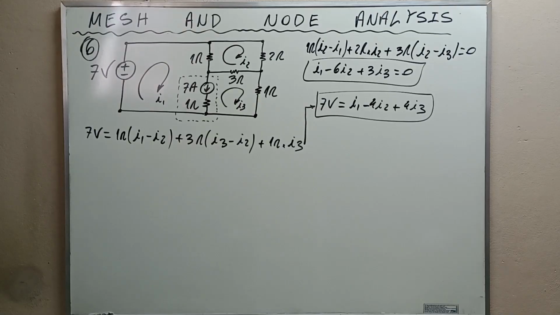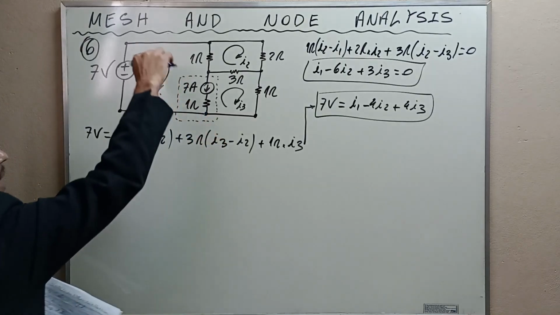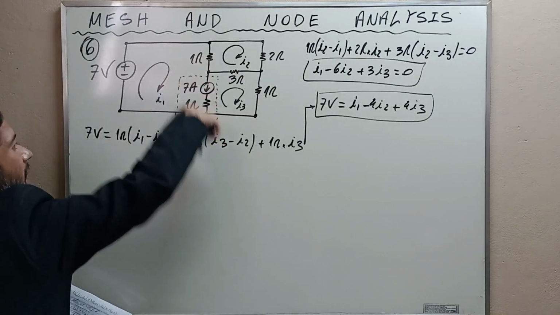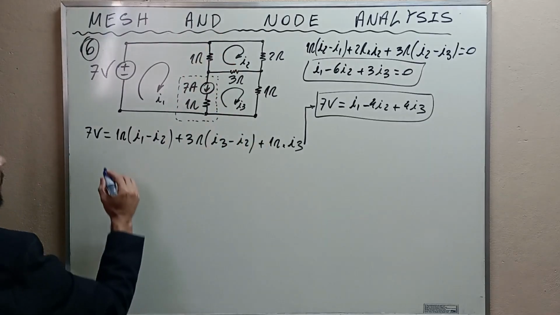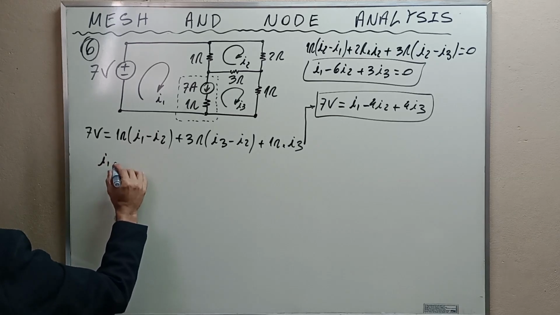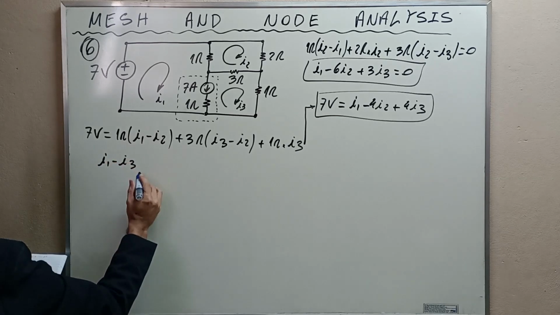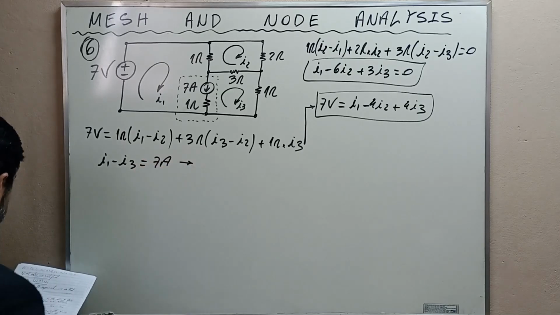Now looking at the super mesh, we see that I1 passes downward and I3 upwards, then I1 minus I3 is equal to 7 amps, okay?